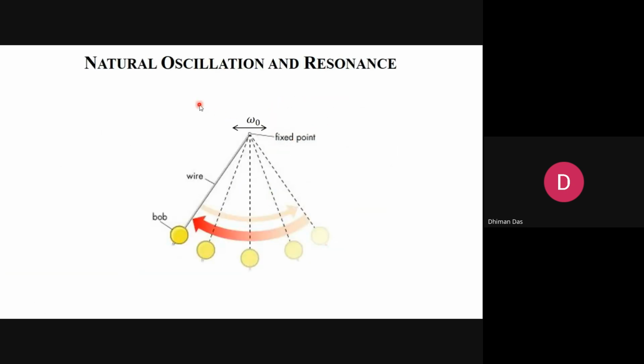Okay, so what is resonance and natural oscillation? If you take an example of a pendulum, this is the natural or rest position. Now, if you trigger the pendulum, it will oscillate back and forth, and the natural frequency of oscillation is 1 by 2 pi root L by g, right?